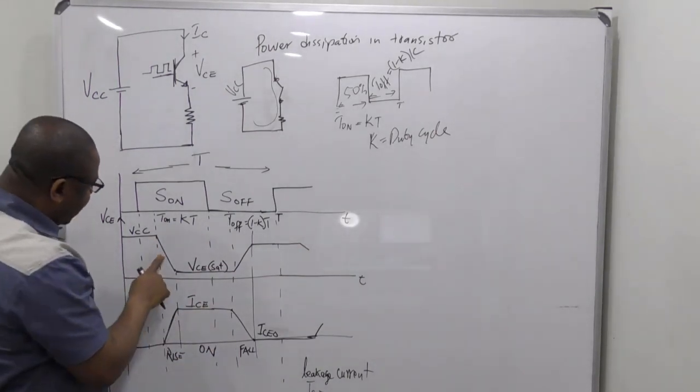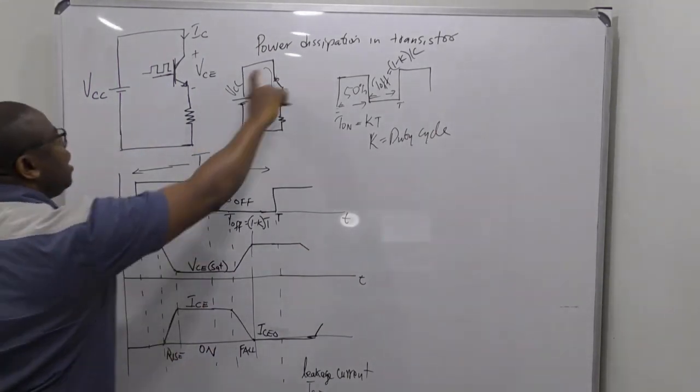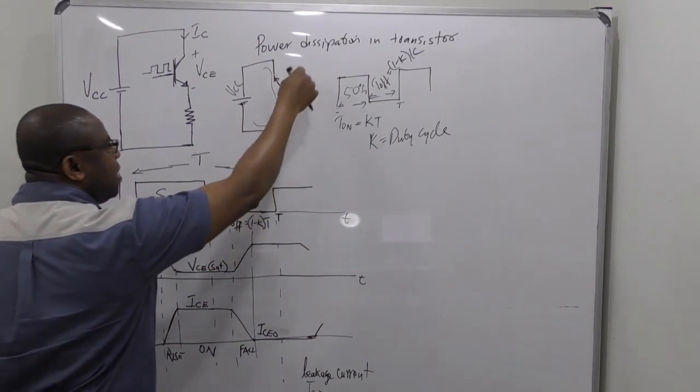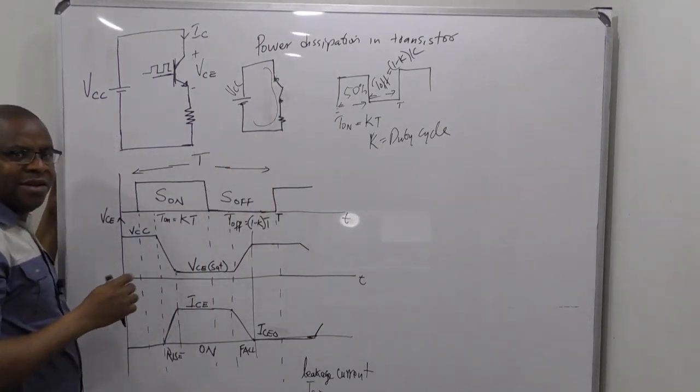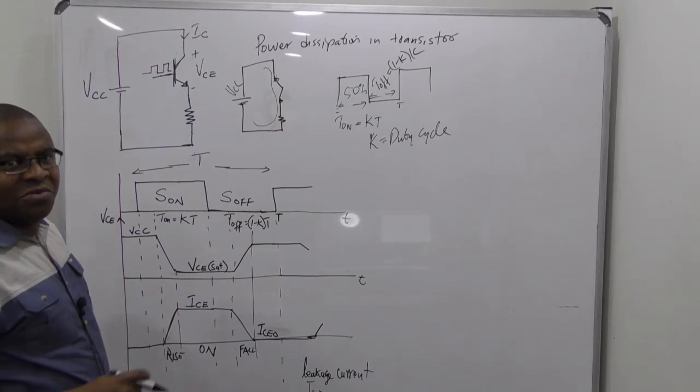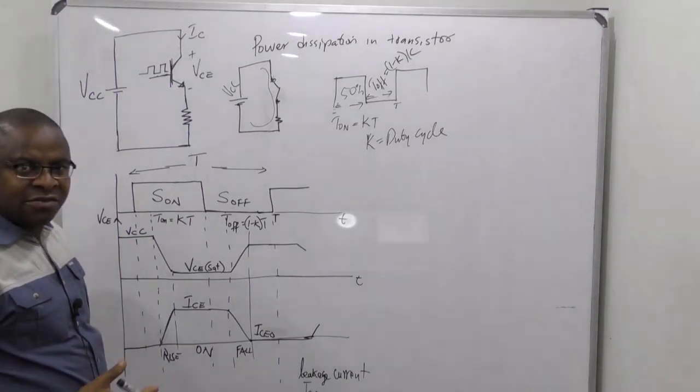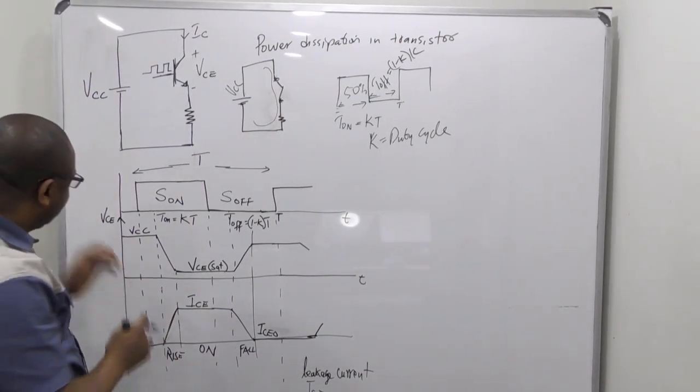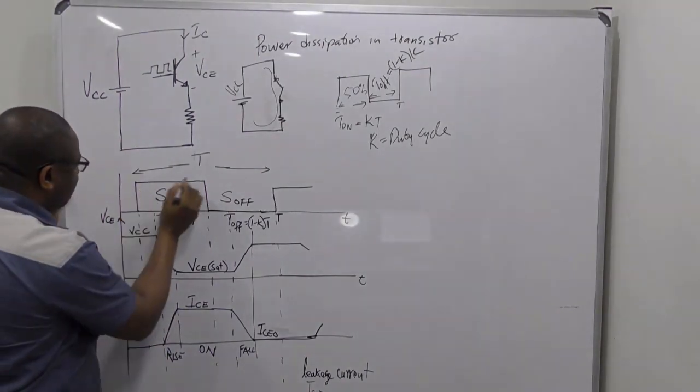I was supposed to get the voltage here to be 0 immediately. But this switch doesn't work that way. It's not an ideal switch. It has to take time.